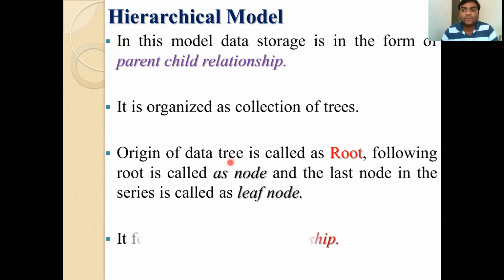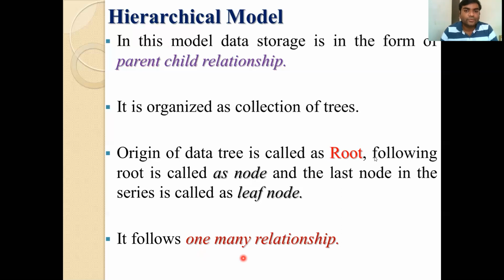The hierarchical model supports one-to-many relationship. From the diagram, you can easily see which type of relationship is represented by the hierarchical model. So the hierarchical model follows one-to-many relationship, while the network model follows many-to-many relationship.